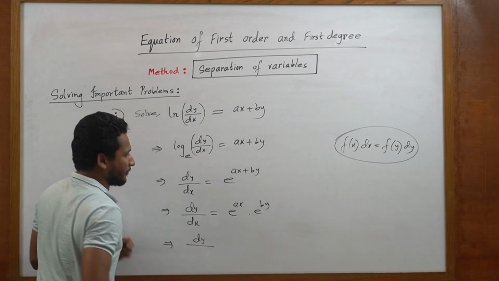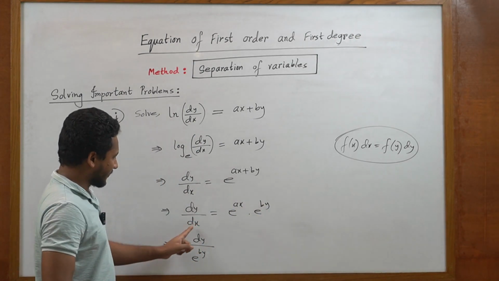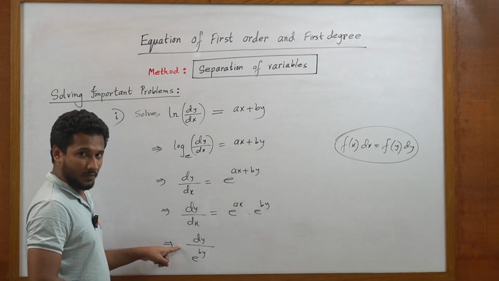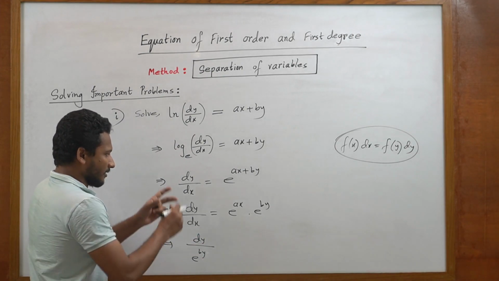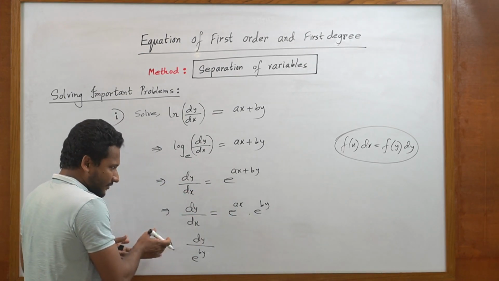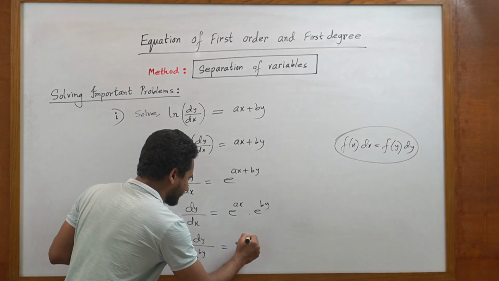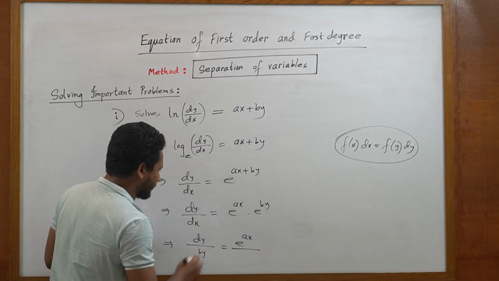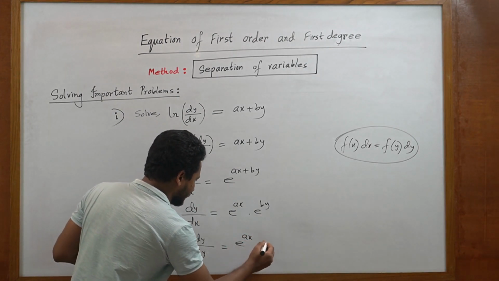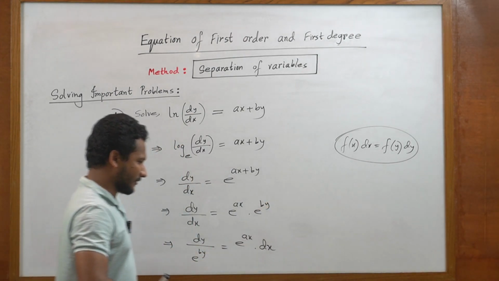So dy by e to the power by equals e to the power ax dx. The first step of separation of variables: y functions at one side, x functions at the other side.